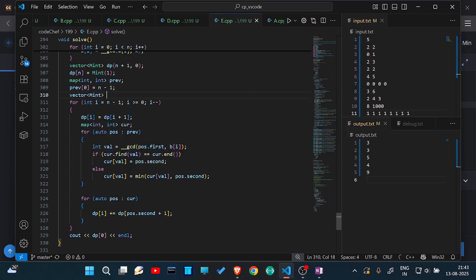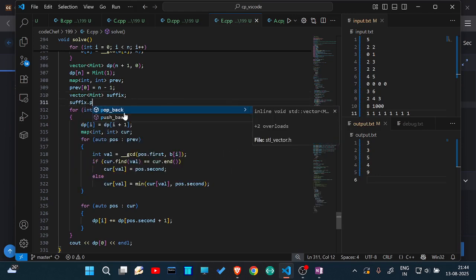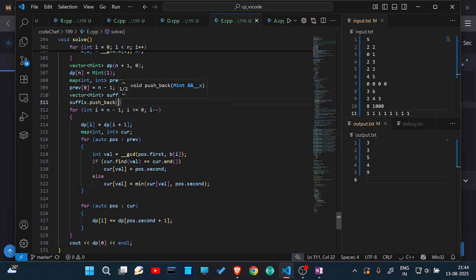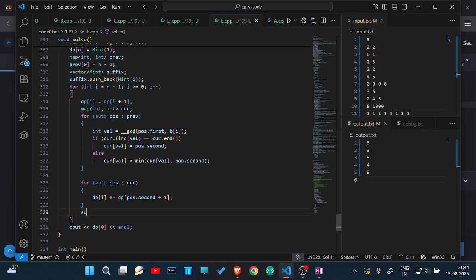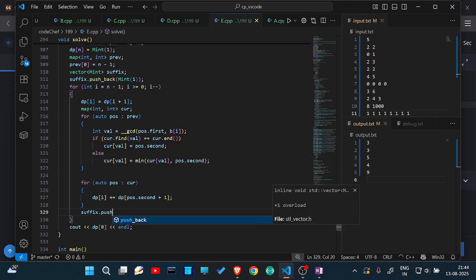And suffix dot push back min of one. Suffix dot push back.